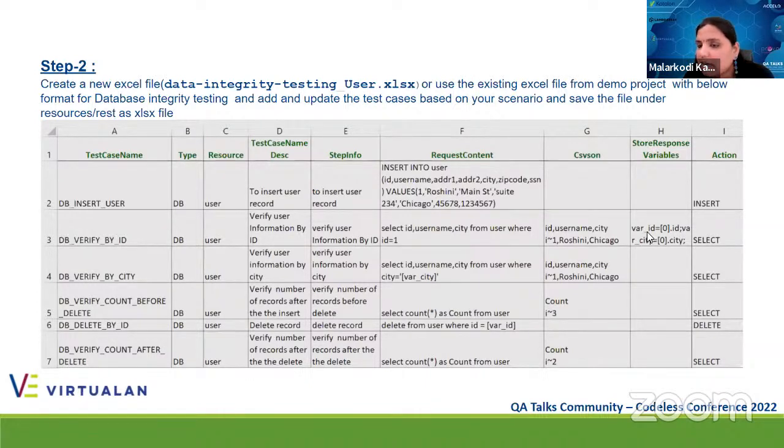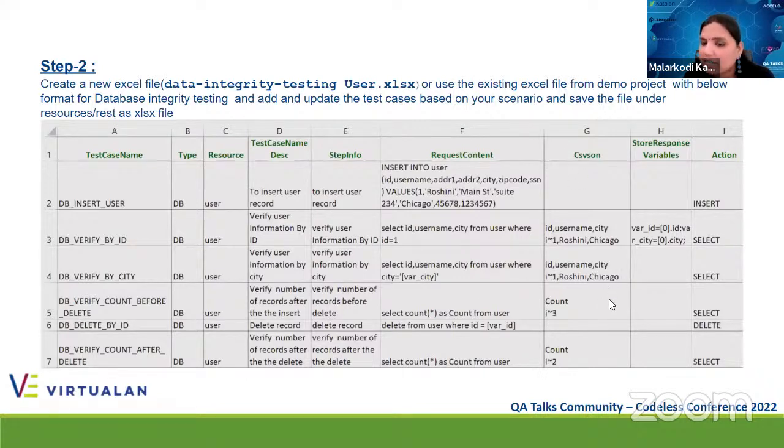So I'm storing variable ID and city as well. Then in the fourth column, in the fifth row, I'm passing the variable only. I'm not passing the value here. I'm passing only whatever variable I have created in the third row. I'm just passing that variable here as the value. So the framework will take care of assigning the value and everything.